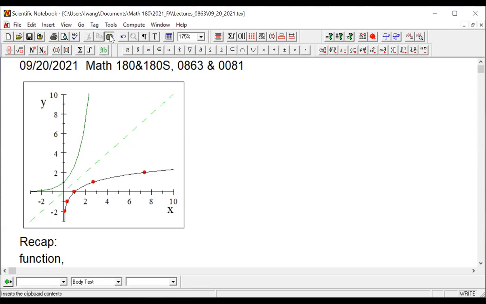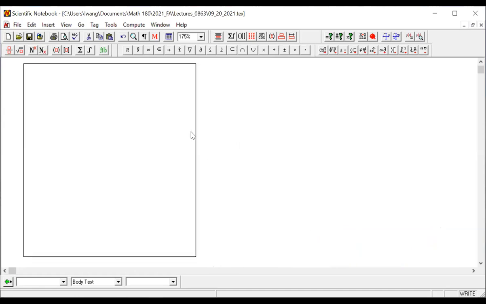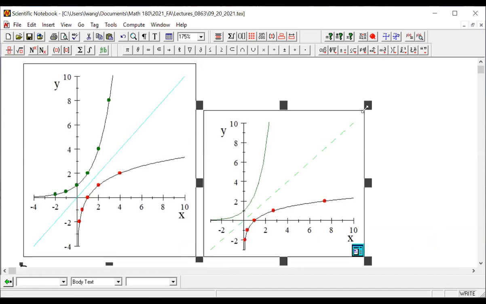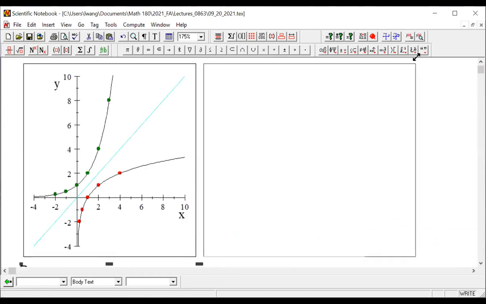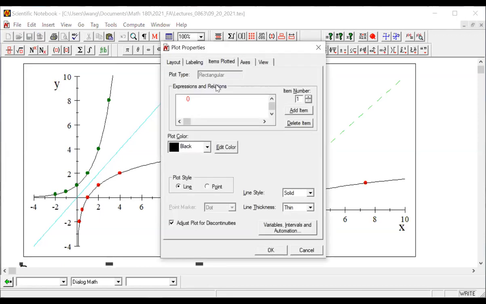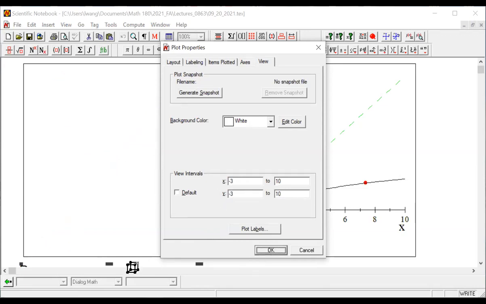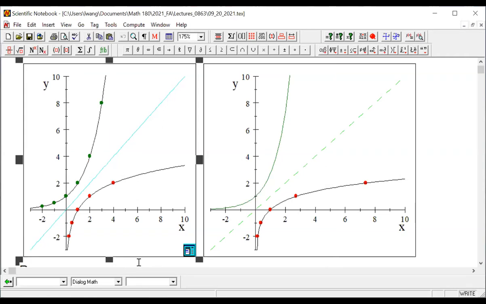If we put them side by side, can you tell which one is which? They look alike, don't they? If I change them to the same scale, can you tell them apart? It's a little bit hard to tell them apart. You have to dive into the details.